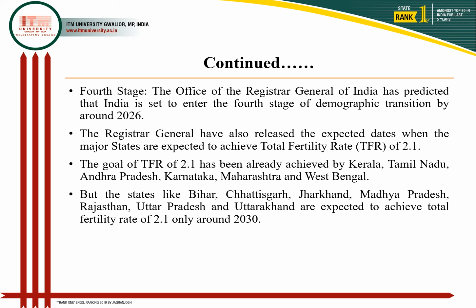We expect that we will achieve this by 2030 in these states. However, we have already achieved this target in many states like Kerala, Tamil Nadu, Andhra Pradesh, Karnataka, Maharashtra, and West Bengal. So we are expecting that we will be able to achieve it overall by 2030.